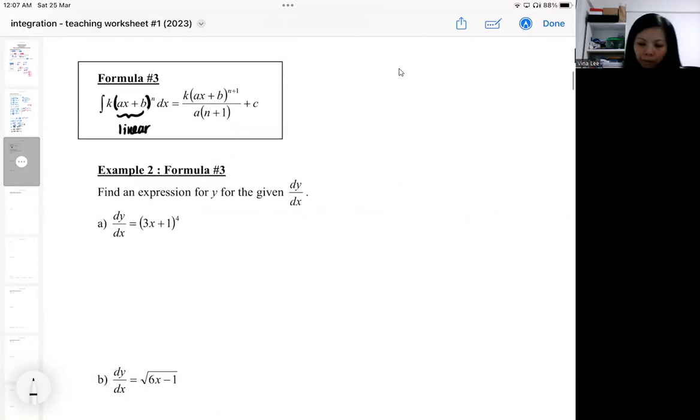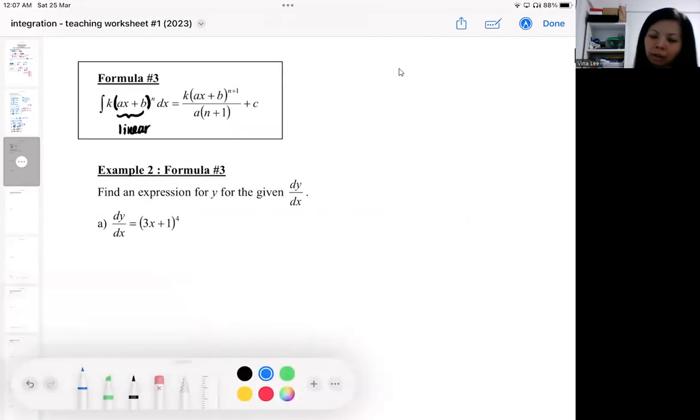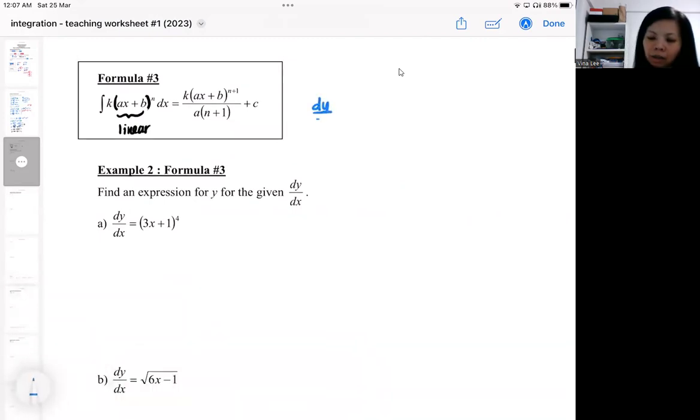So in formula number 3, we are exploring dy dx that looks like, for example, 2x plus 1 power 3. So where does it come from? Okay, so we are exploring this type of dy dx.